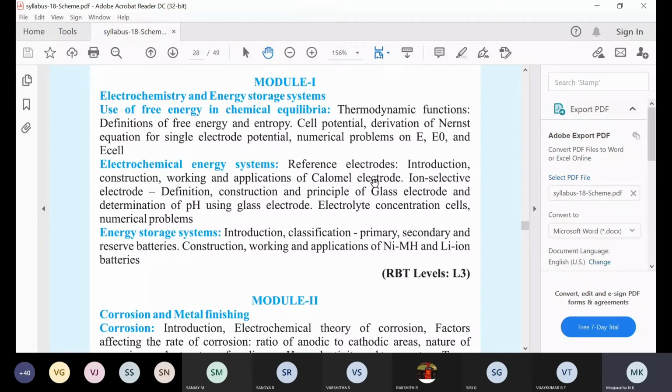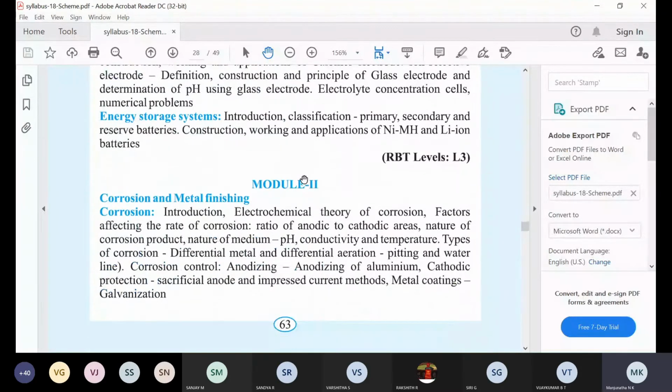This is the first module. I am going to start with module 1, that is electrochemistry and energy storage system or battery technology. Is it clear for you, module 1? So this is the syllabus for module 1.